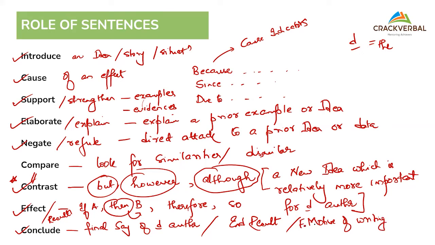I'm calling it not just the motive, but the final motive of writing a paragraph is what I would call the aim is to conclude. Clear? I hope this all makes sense. What is the role of sentences? So now to solve boldface, you have to be smart enough to know what role each sentence is actually playing with respect to the full story, right?